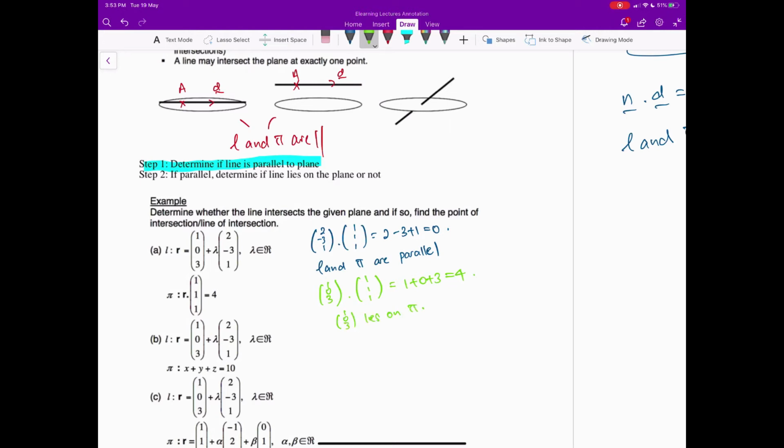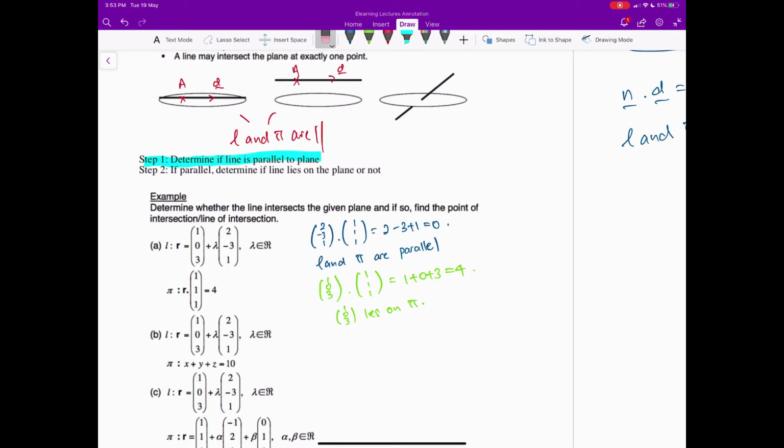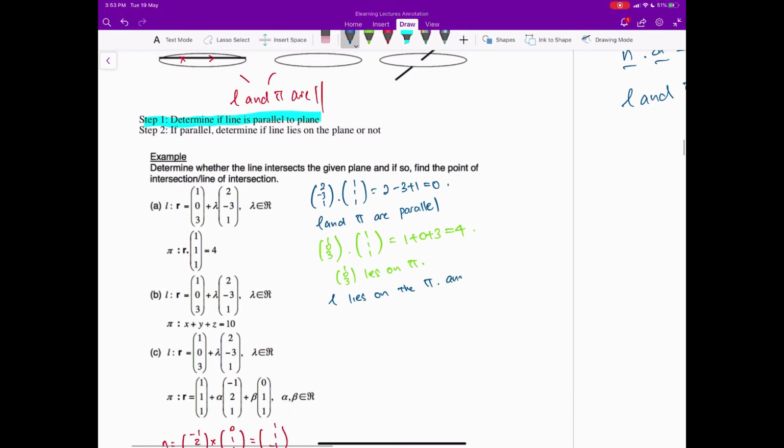Because the point that lies on the line lies on the plane as well, and the line and the plane are parallel, I can quickly derive that the line lies on the plane.